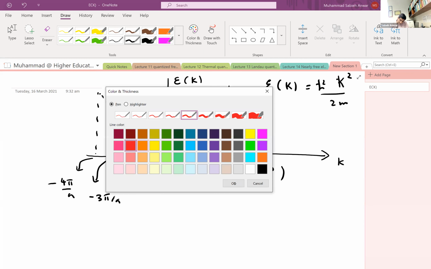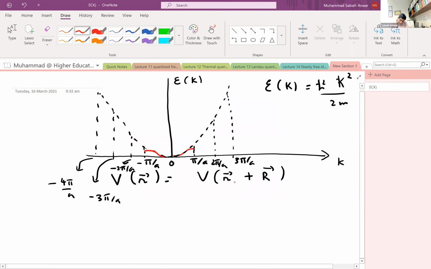Away from these vertical lines that I've drawn, the dispersion relationship is more or less parabolic like a free electron, but at these precise values of k, it deviates. It deviates in this fashion. So the dispersion relationship is now punctuated, and there are certain gaps between the energy levels.